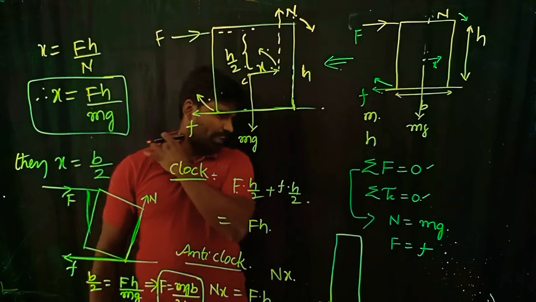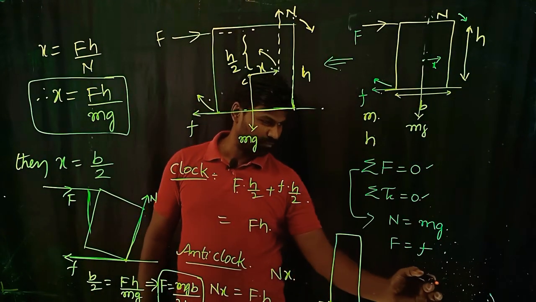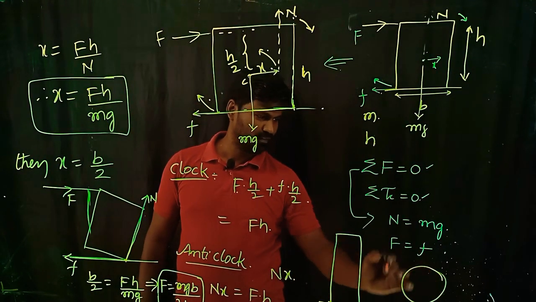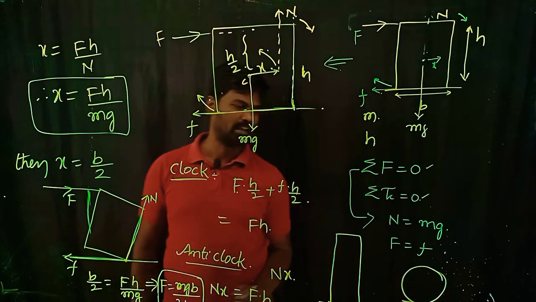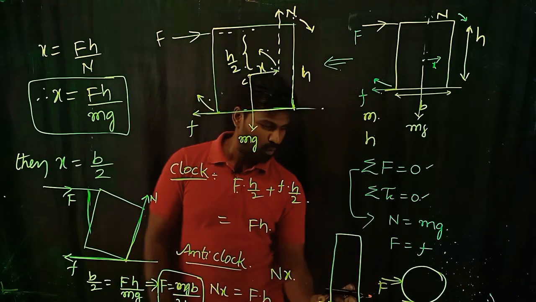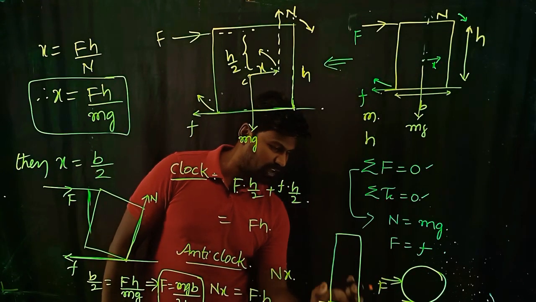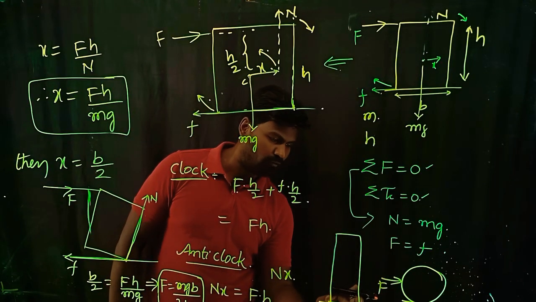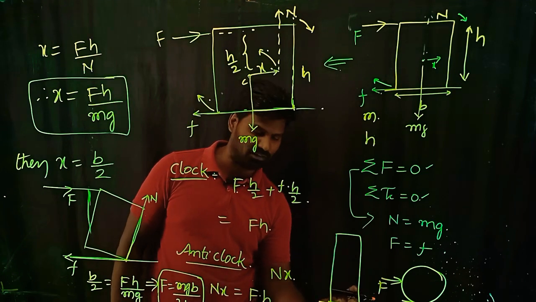So if you take a body in circular form, for example a disc-like object, and you apply a force F, compare these two: what is the length of the object in contact with the surface?